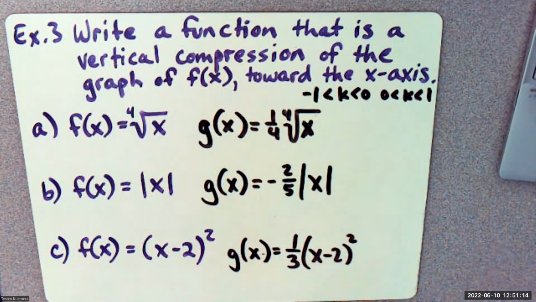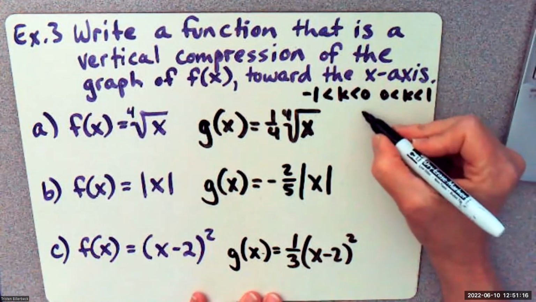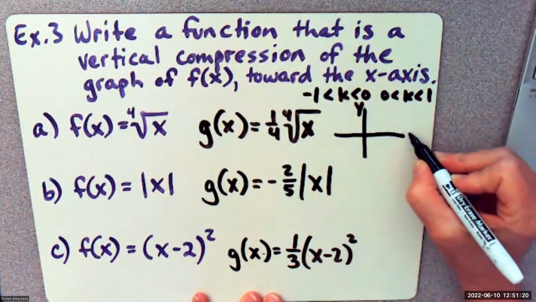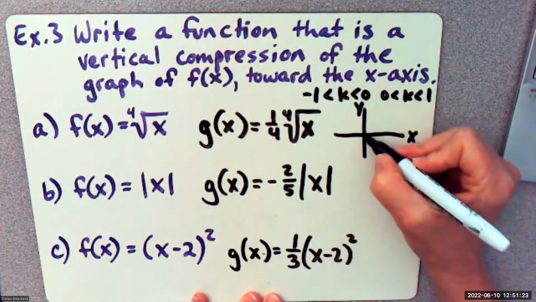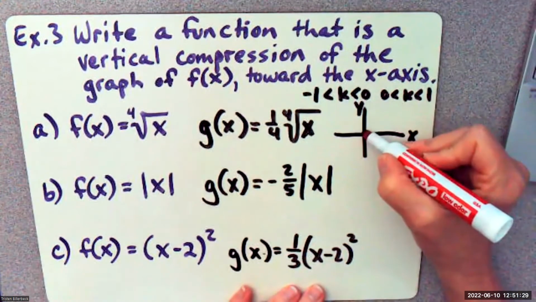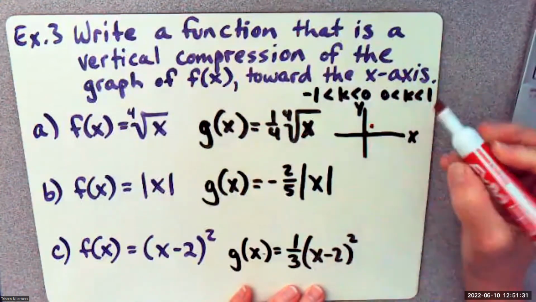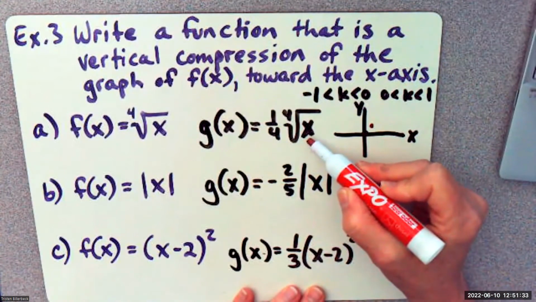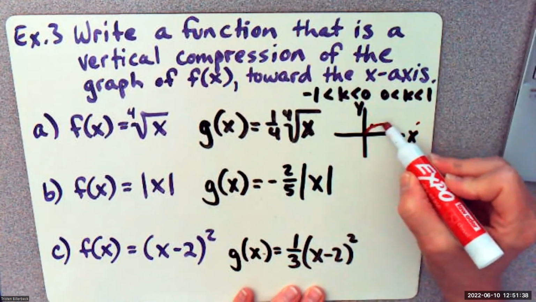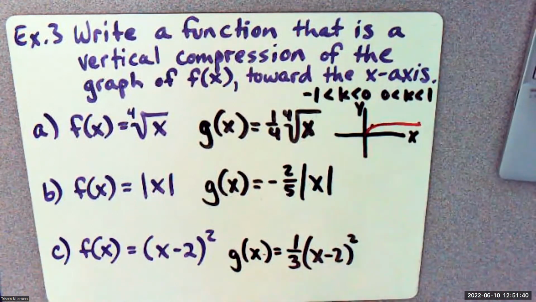So if we were to graph a 4th root, okay, we have y here, we have x here. So at 0, the 4th root's still 0. Our next one would be 1, so 0, 1. And then the next one to be 2 would be 16. So that's way out here. So the 4th root's a really flat curve like that.